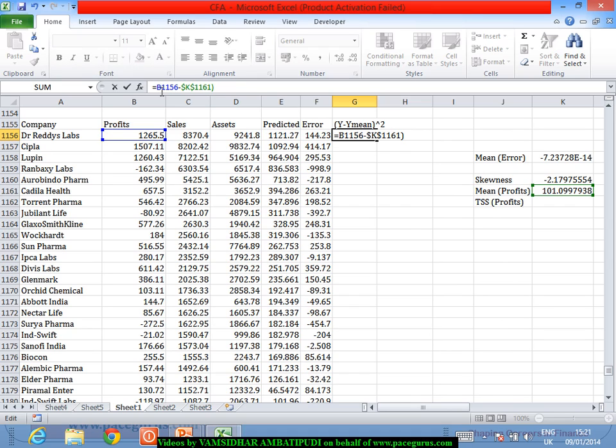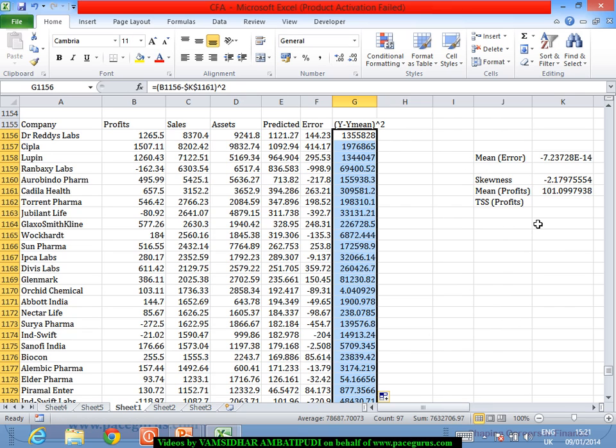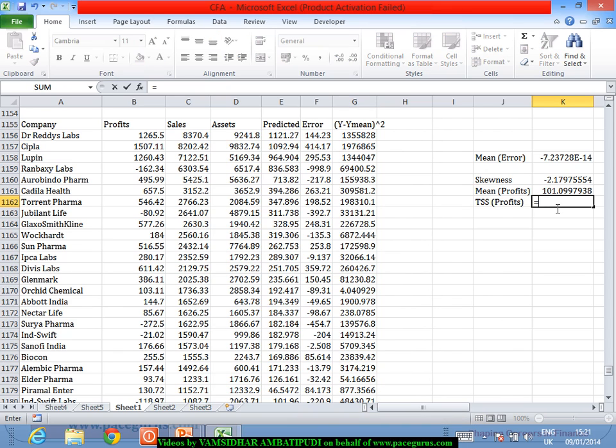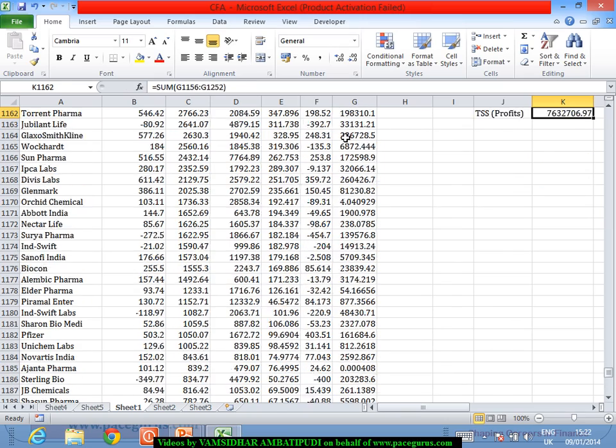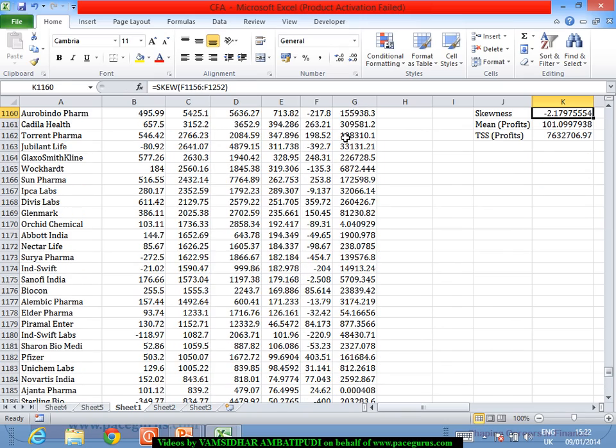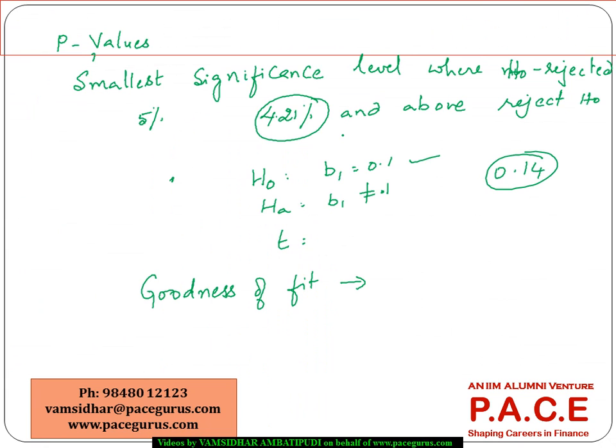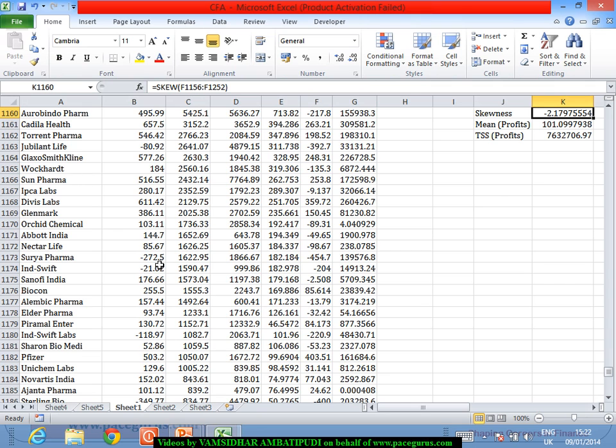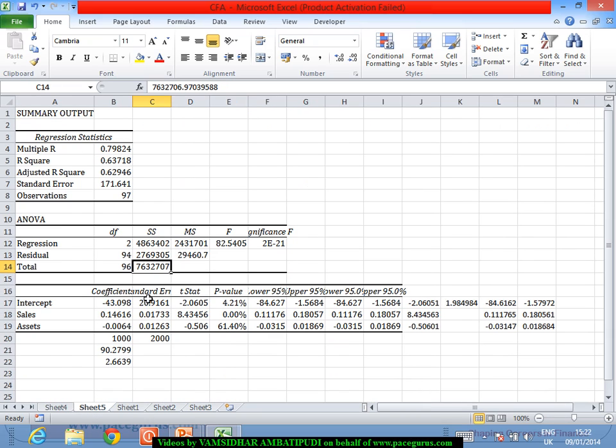So the total sum of squares, the sum of y minus y mean squared, is around 7.63 million, which, if you look here, has worked out to 7.63 million.